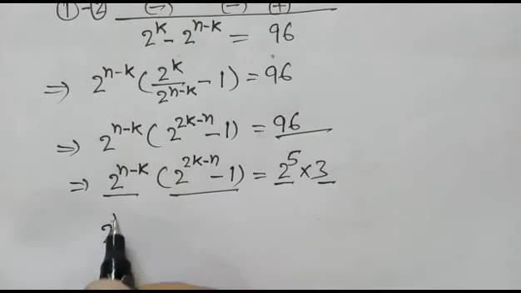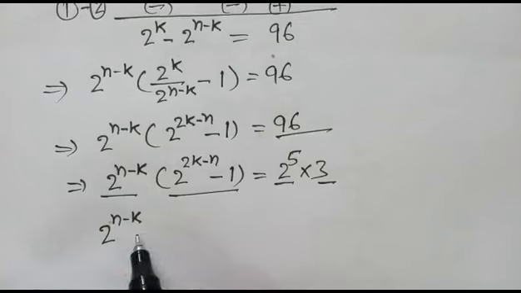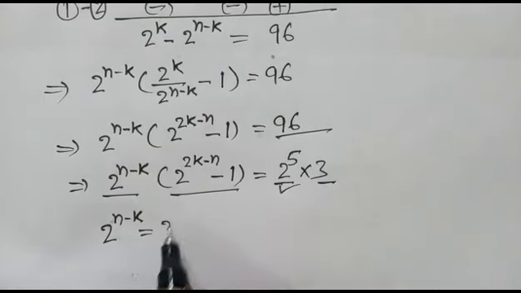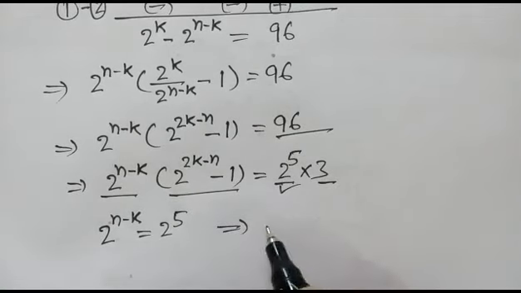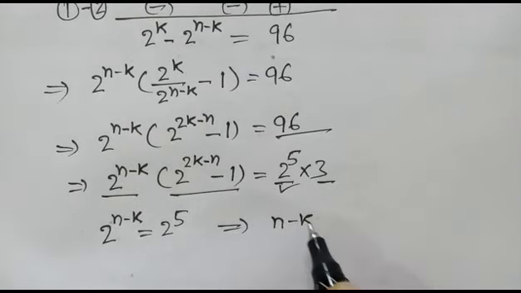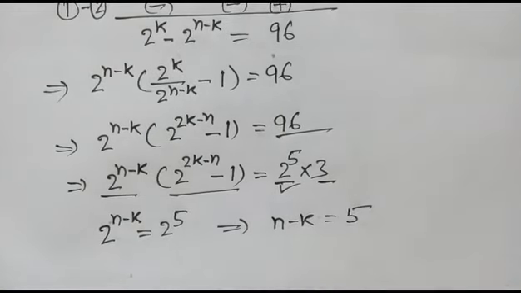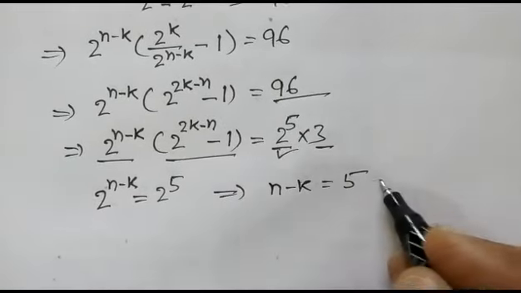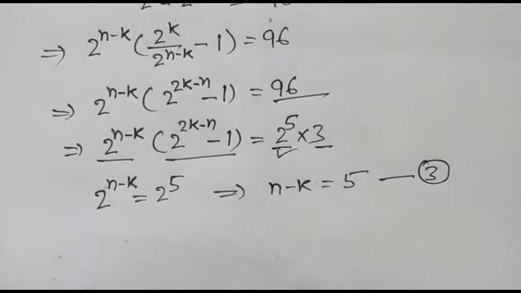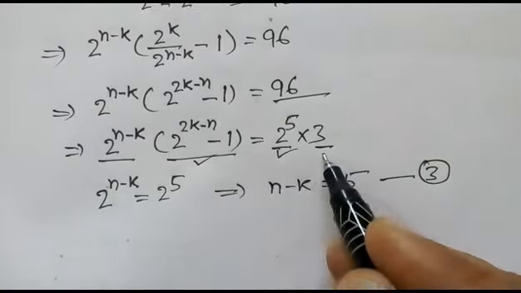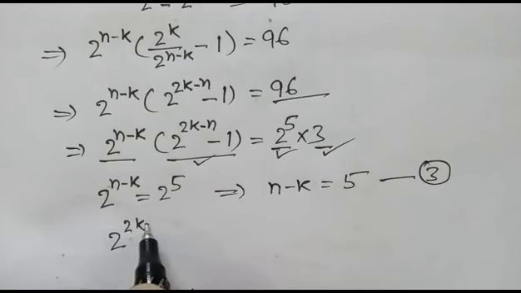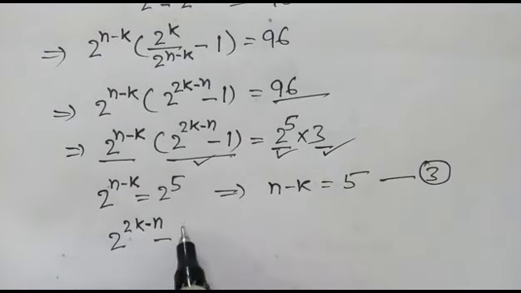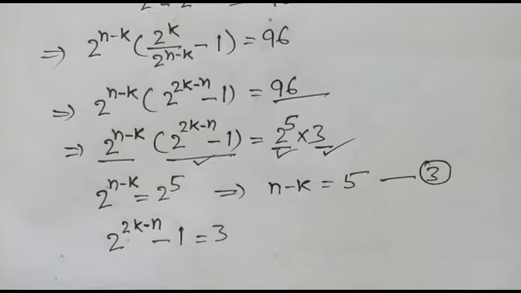Now 2 to the power n minus k is equal to 2 to the power 5, or n minus k is equal to 5. If we say this is equation number 3. Now this value is equal to this, so 2 to the power 2k minus n minus 1 is equal to 3.